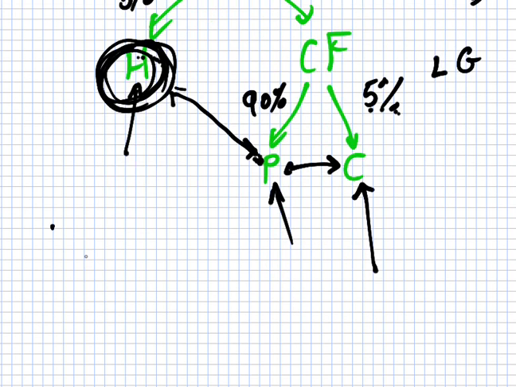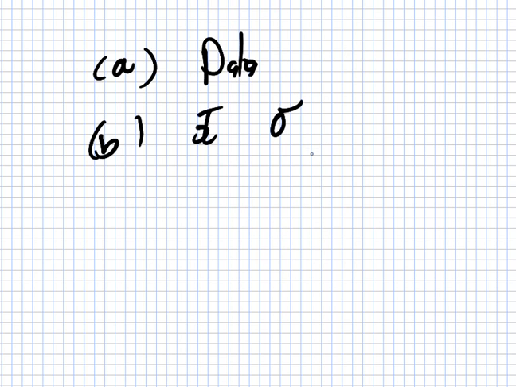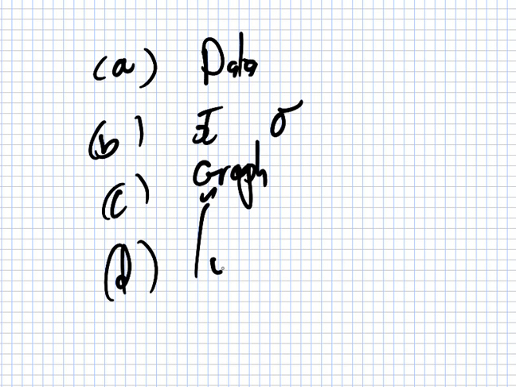The way the question usually works is the A part, they give you some data. The B part, they ask you for calculations like the mean or standard deviation. The C part, then they ask you for a graph, and then the D part is they ask you for something from the graph. You have to use the graph.